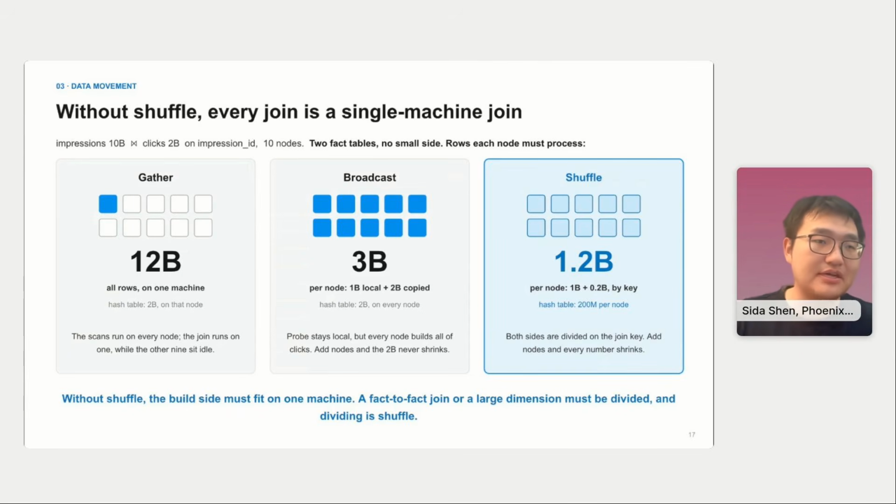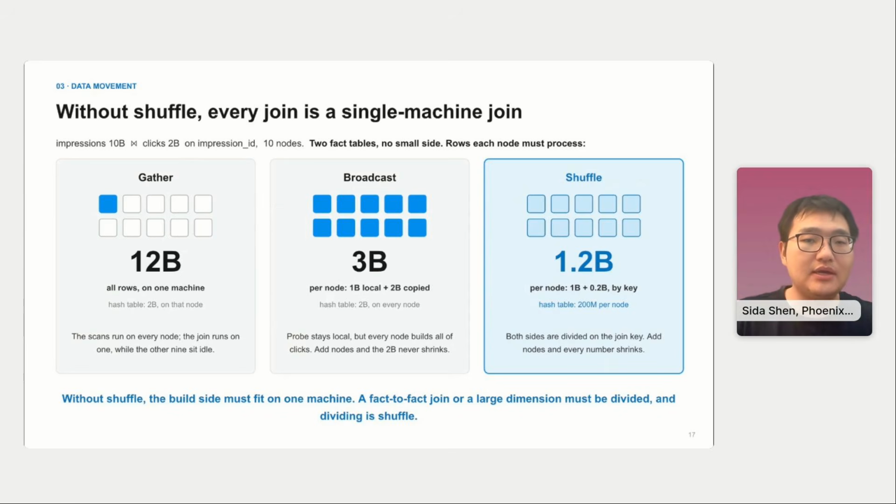Basically, you broadcast your smaller table to all of the nodes of your cluster, so you can on the fly co-locate everything. For each one of the nodes, you need 3 billion rows worth of memory to run, because it's 1B that's local, the 10B that's shuffled by that key, and the 2 billion rows of the clicks table copied to every single node.